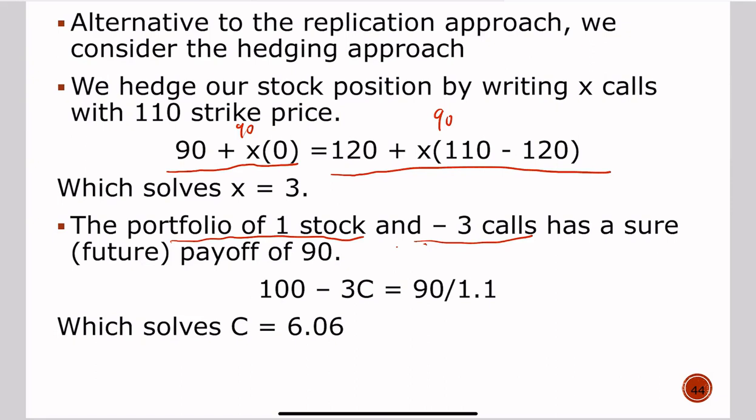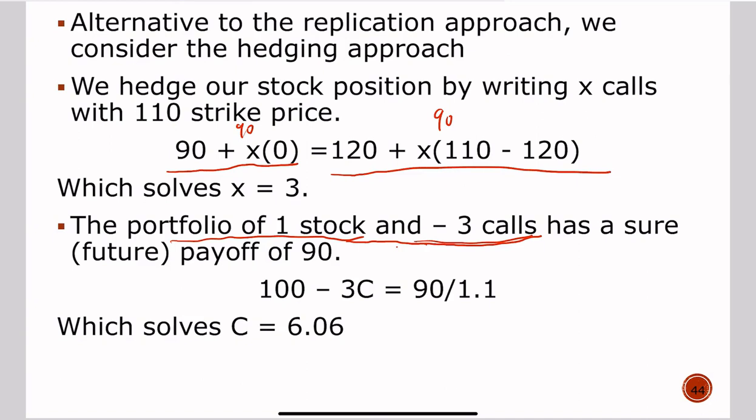Now we can finally solve for the value of this call. Think about this. Through this hedging portfolio, the portfolio of one stock and minus 3 calls, where minus 3 calls basically means you're short selling 3 calls because you're writing 3 call options, has a riskless payoff of 90. Because no matter what happens in the future, it always pays you $90.